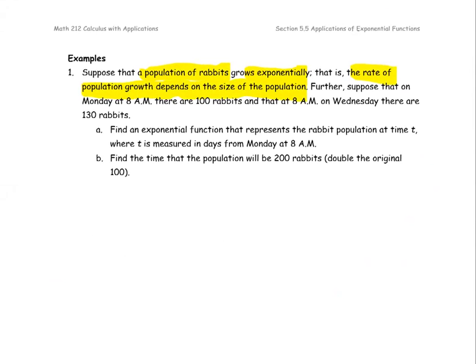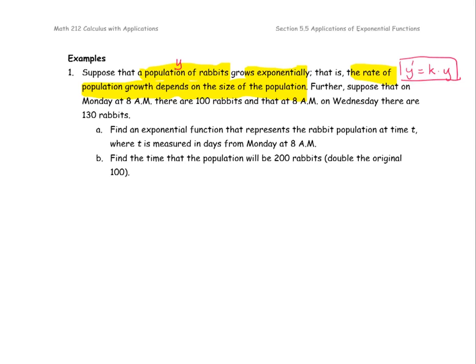If we let y be the population of the rabbits, the rate of change of population, or y prime, equals a constant multiple of the population itself, so y prime equals k times y.